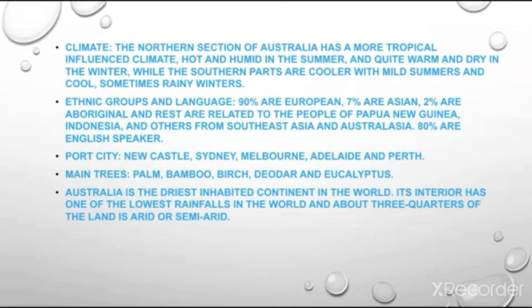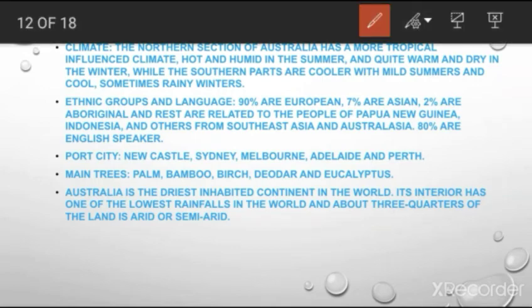The ethnic groups and languages present in Australia: 90% are Europeans, 7% are Asians, 2% are Aboriginal, and the rest are Indonesian and others from Southeast Asia and Australia. 80% are English speakers. The port cities include Newcastle, Sydney, Melbourne, etc.